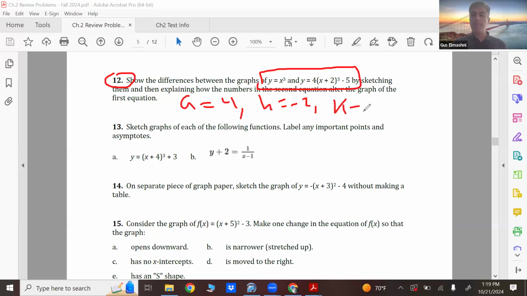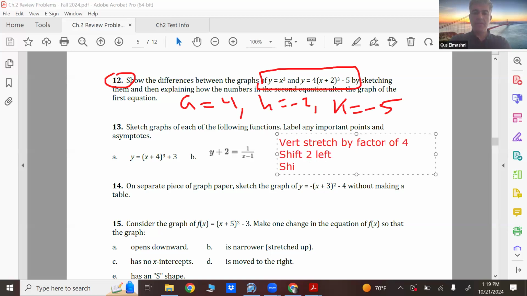What's K? When you say it, you want to say it like this: vertically stretch by a factor of 4. Shift 2 left. Shift 5 down. That's all. Very simple.